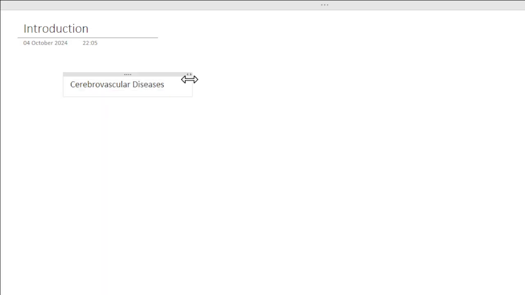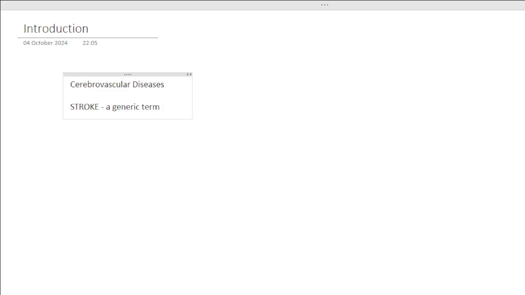So cerebrovascular diseases, as I said, are one of the very important causes of admission to the hospital, especially in the developed countries. Before getting into that, what is stroke? Stroke is basically a generic term.